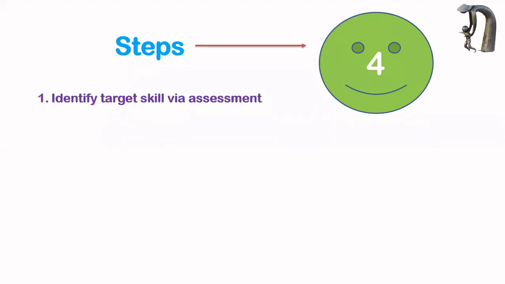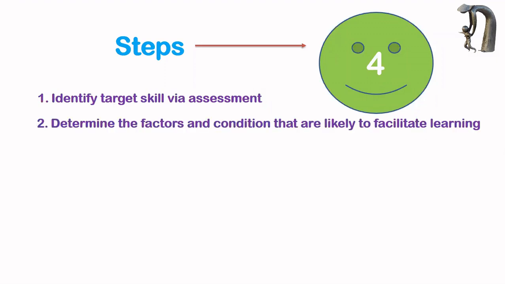First is identify target skill via assessment. This is the first step you need to think over when you prepare the intervention. Second is determine the factors and conditions that are likely to facilitate learning. That also we are going to discuss.